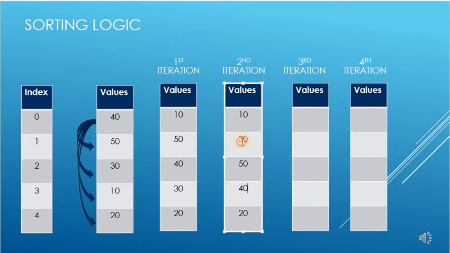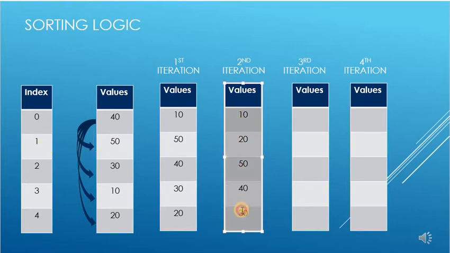Now the first element will be compared to the fourth element. Swapping will be there. So at the end of the second iteration, the second smallest value will be placed at the first index.